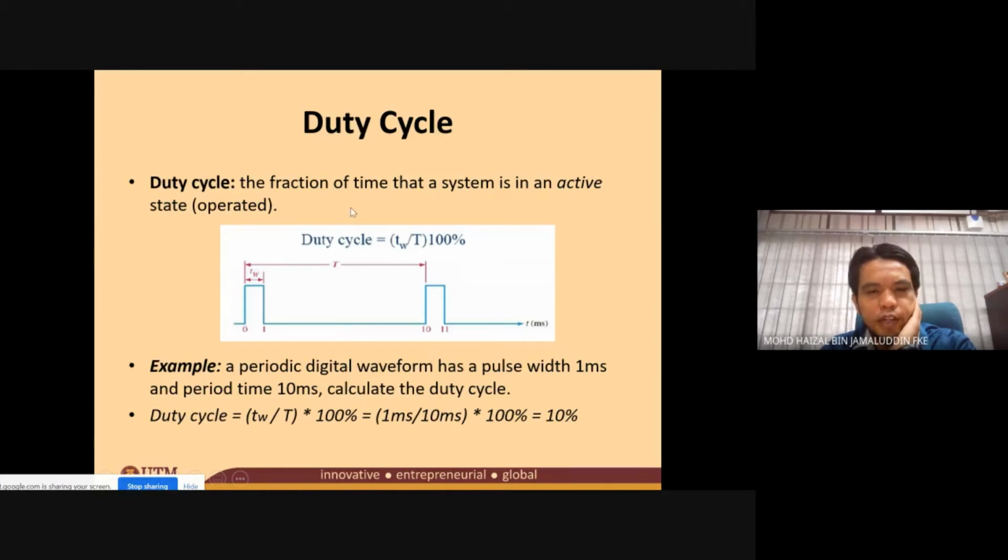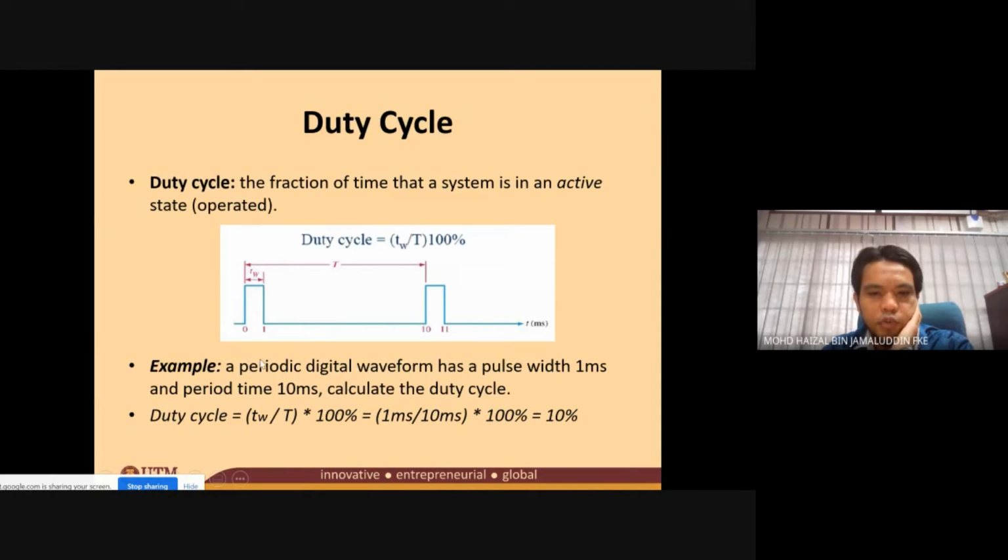Besides the time period, you also have what we call the duty cycle. The duty cycle is the fraction of time that a system is in an active state, that means it operates. Normally it's in percentage. For example, it is active here only for the time TW within the total time period.